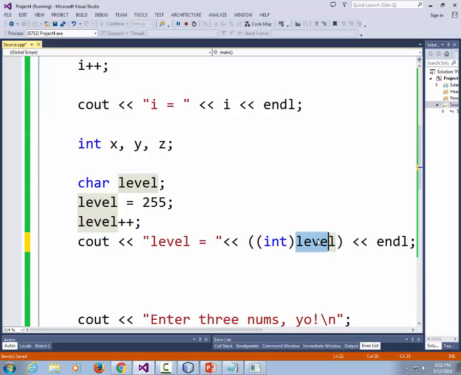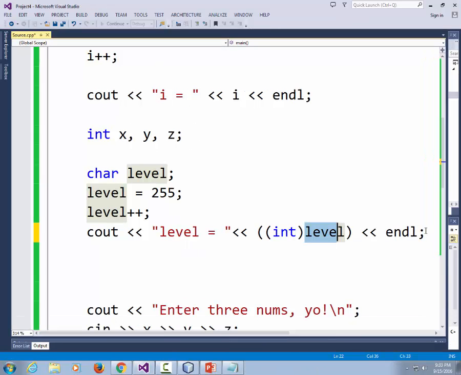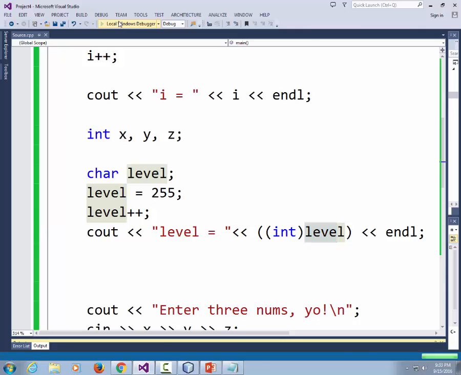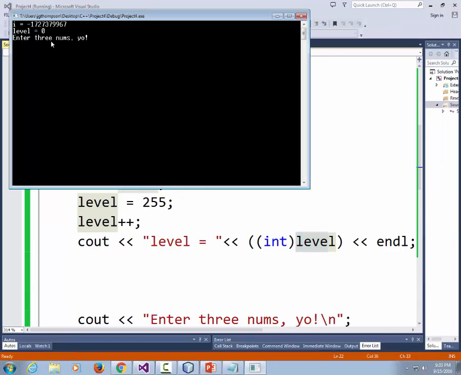And I know very specifically that it's an unsigned 8-bit type, so it has the range of values between 0 and 255 for reasons we've talked about when we talked about bits. So now that we're at level 255 and we try to go up one more, it's going to be different than what we might hope for. Well, I don't know what we hope for, but all of a sudden we're back at level 0. That's called overflow. We exceeded the capacity of that data type.